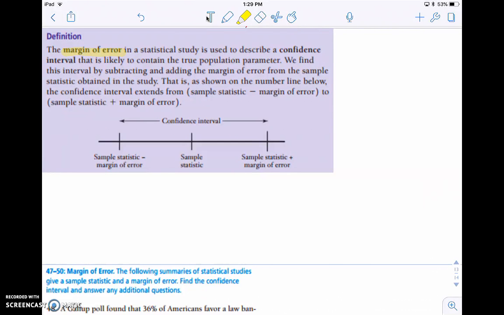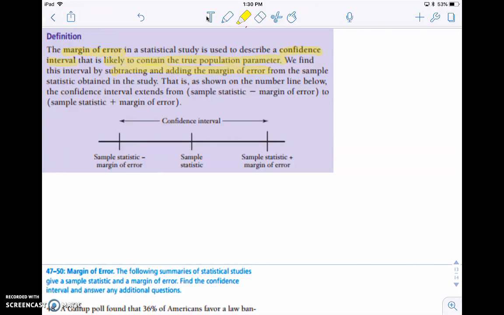So we get this idea called a margin of error, and it helps us to describe what's called a confidence interval, which is likely to contain the true population parameter. We find this interval by subtracting and adding the margin of error to the sample statistic that we obtain in the study.